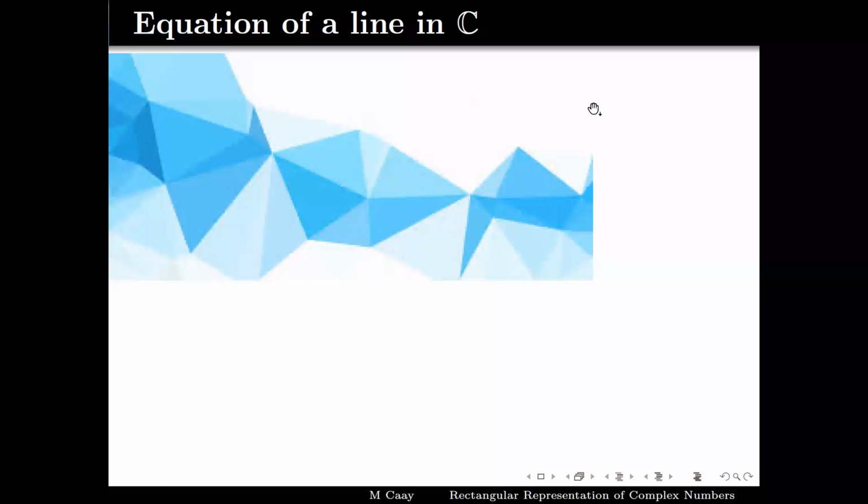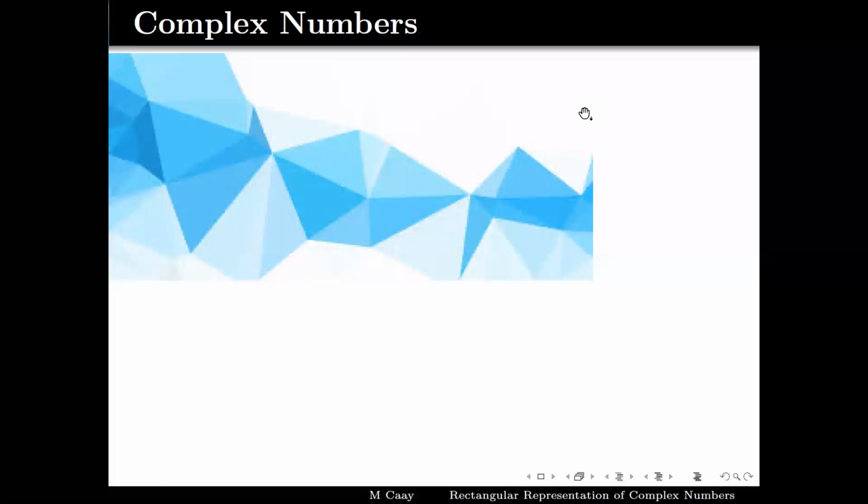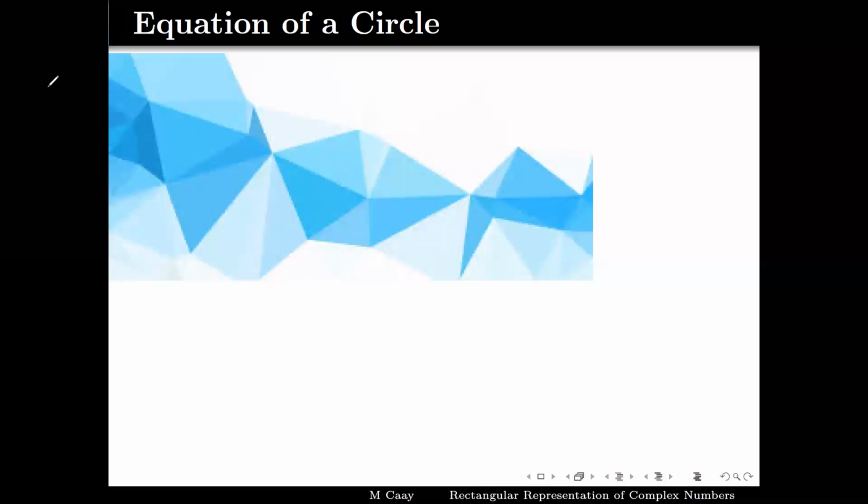So let's go to the second one, the equation of a circle in a complex plane. Remember the definition of a circle, so let me write it. Although I have made an emphasis on the circle in my video before, so you can check down there.